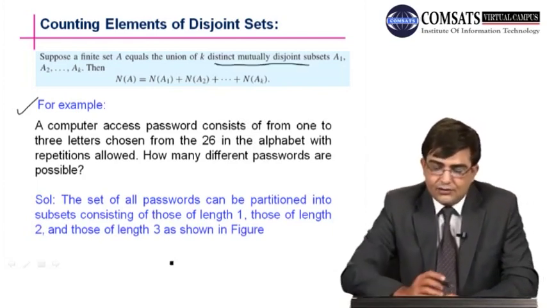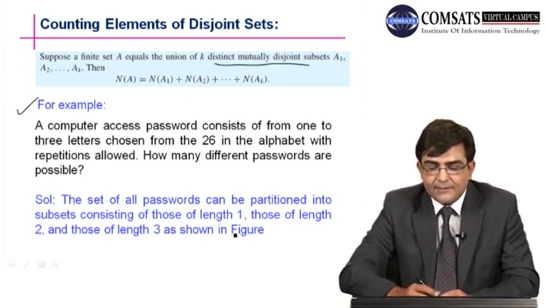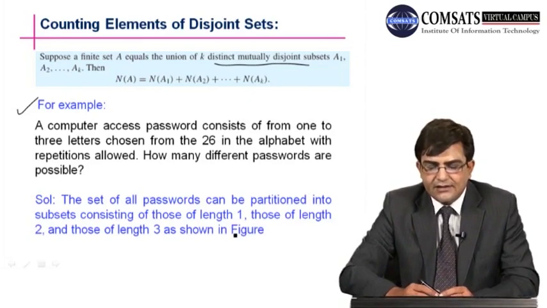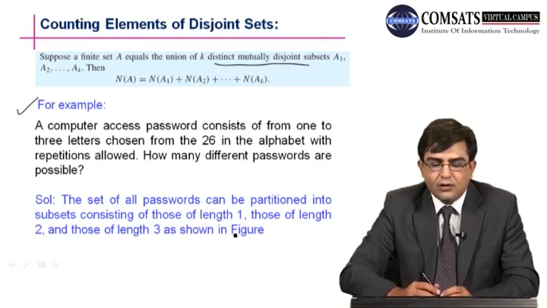Distinct mutually disjoint subsets means that no two subsets of A have common elements, that is, their intersection is empty.